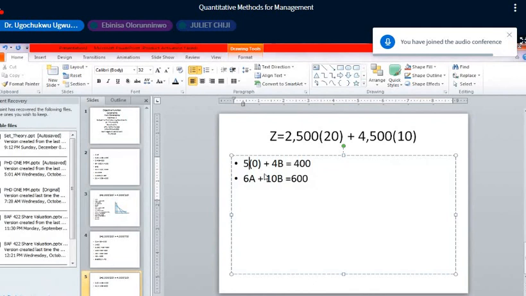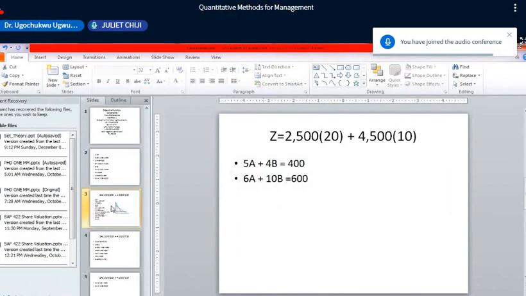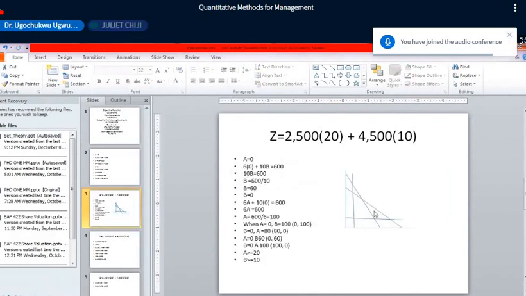This equation is the intersection point. These 2 equations intersect at this point, and that is what we want to determine.